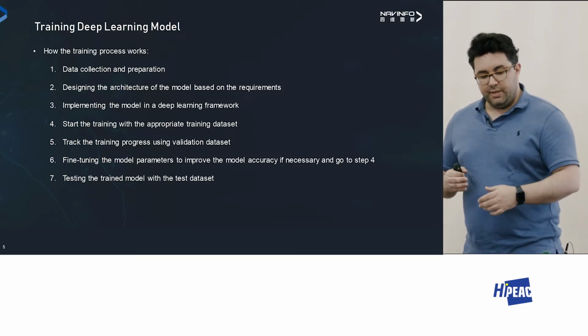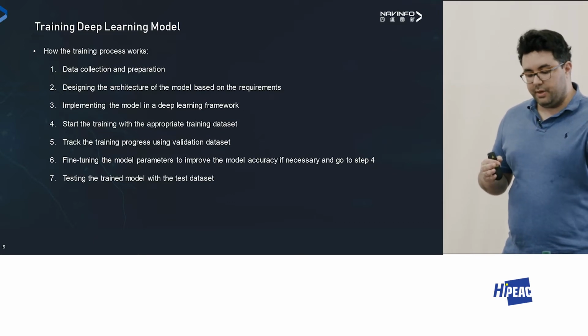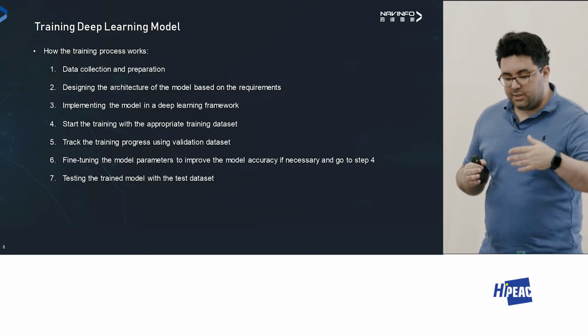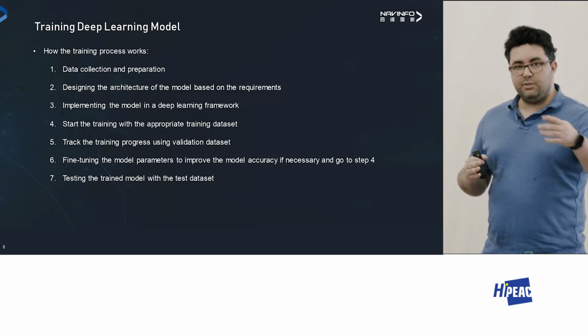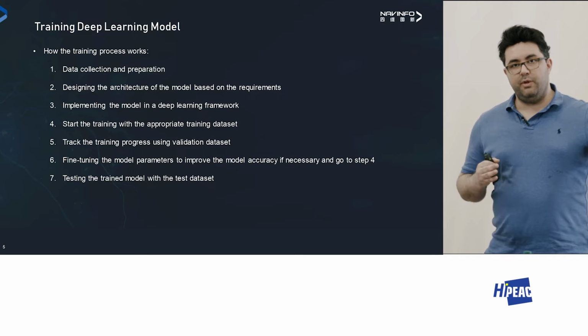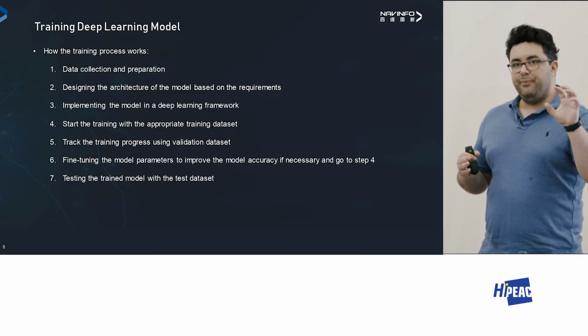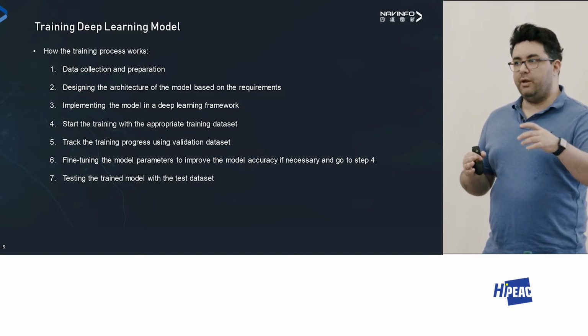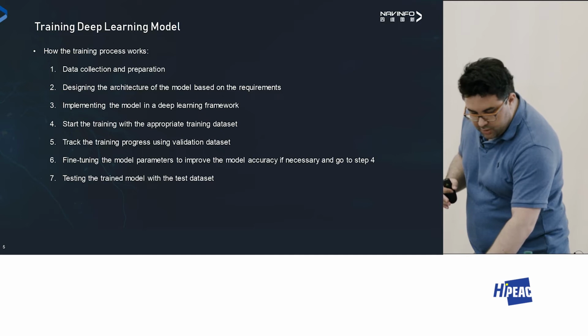This is the next phase, where the engineer training the model tracks the training process, and every time the process is going on, they check with a separate validation set to see how the accuracy of the model is improving, and if needed, they make some adjustments or modifications to the model.